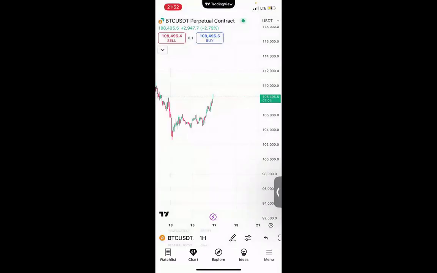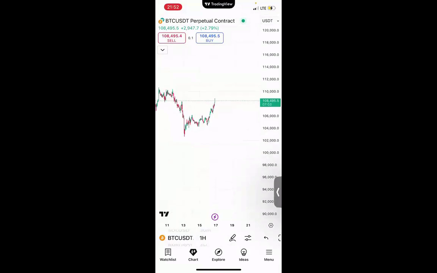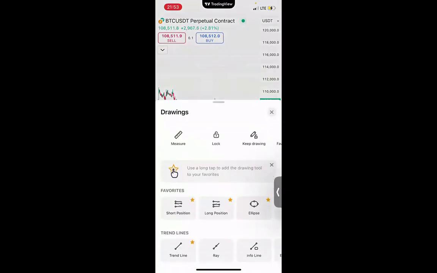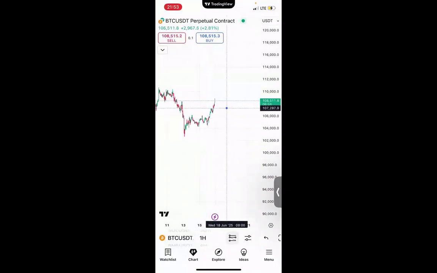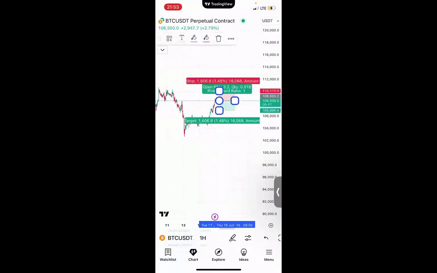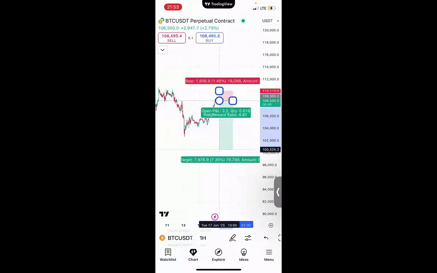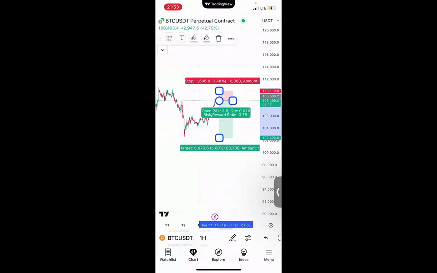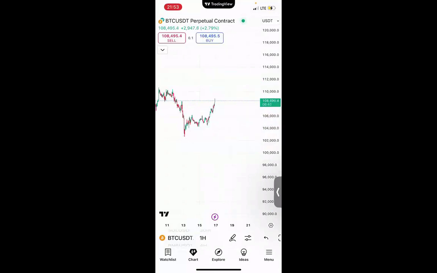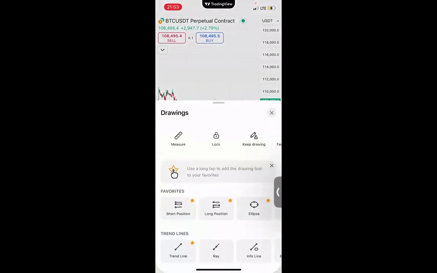So for example, if I was planning on shorting this market, or selling this market, I'll just come here and click on our short position tool, depending on where I want to enter from. So I can say from here, I want to short the market, so I want to sell. Now my target is over here. So this is my short position tool, and we also have the long position tool.